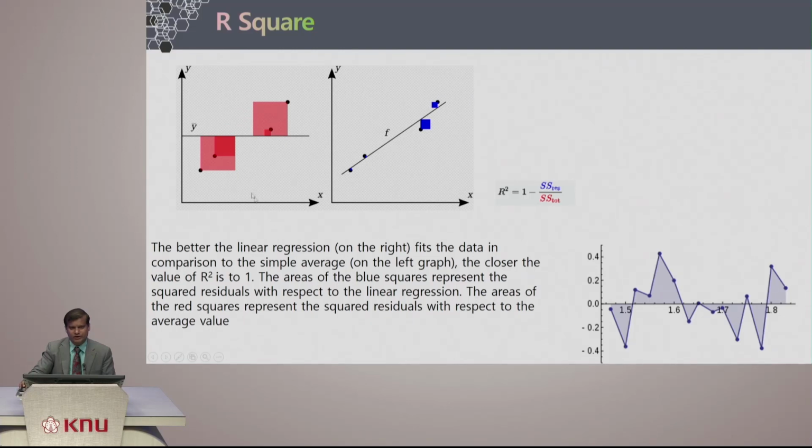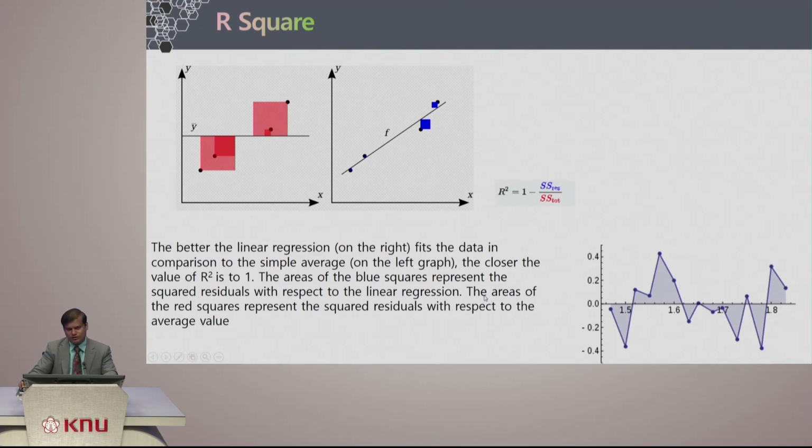The areas of the red squares here represent the squared residual with respect to the average values. The data points are all connected, but in between the data points, the blue shaded ones are the actual residuals that you have here. These are the residuals.